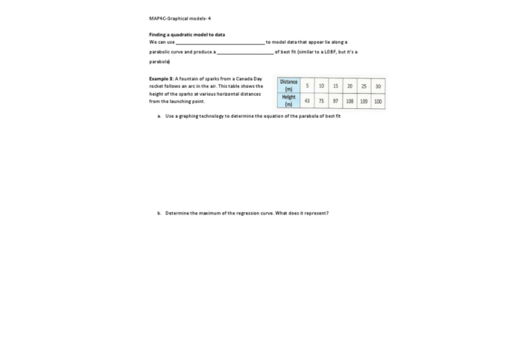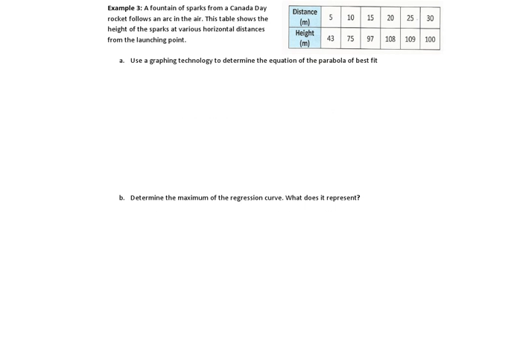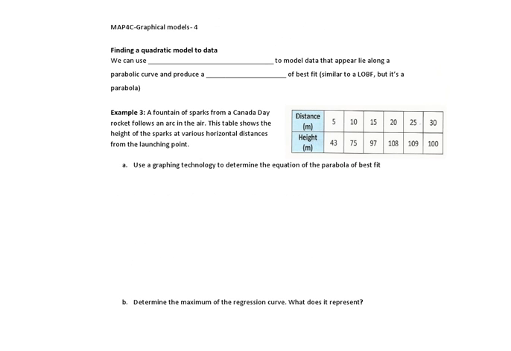We can use quadratic regression to model data that appear to lie along a parabolic curve and produce a curve of best fit.